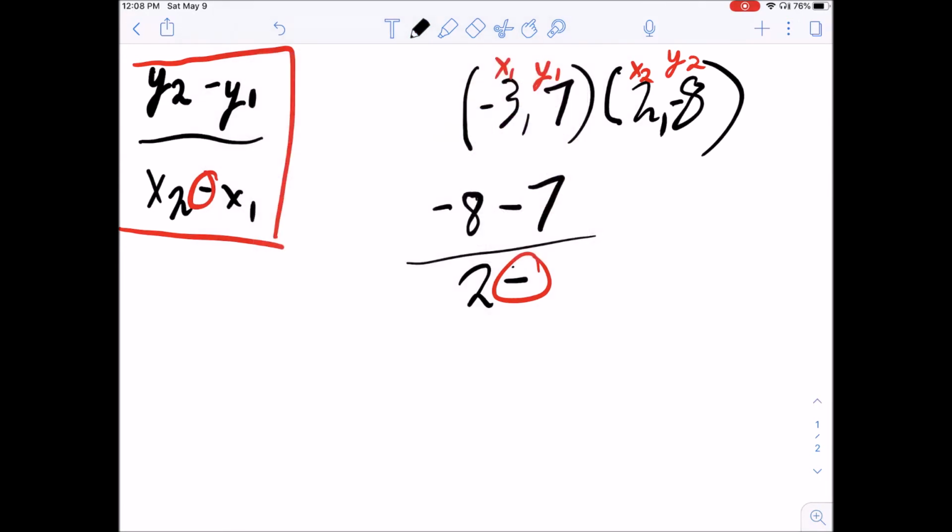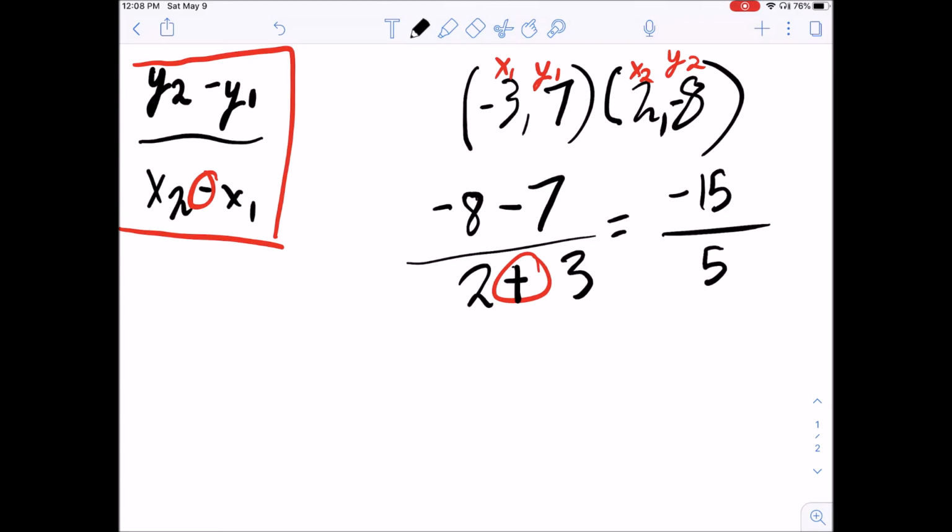So we have a positive here, a positive 2 plus 3. Alright, now we simplify this fraction here. We have -8 minus 7, which is -15, over 2 plus 3, which is 5.